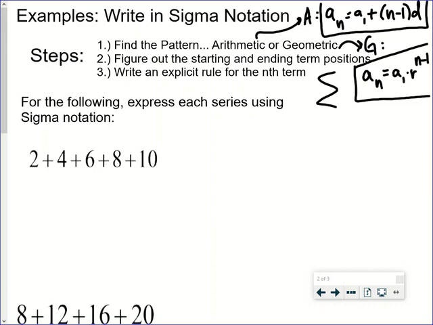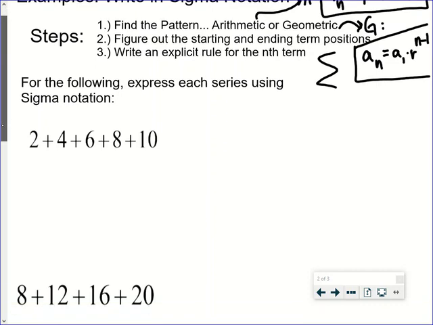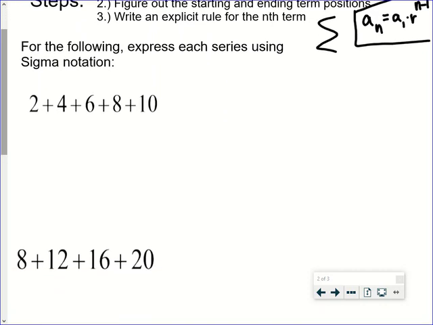Okay, so for our first example, we have this series, and what we are going to do is figure out the sigma notation that goes along with it. So for the first one, we have 2 plus 4 plus 6 plus 8 plus 10. First thing we have to figure out is what our pattern is. How are we getting from one term to the other?